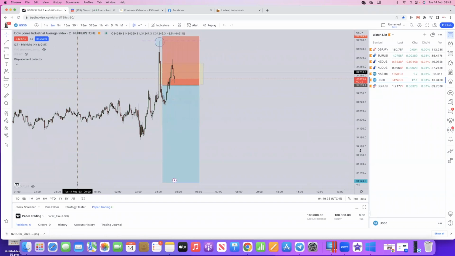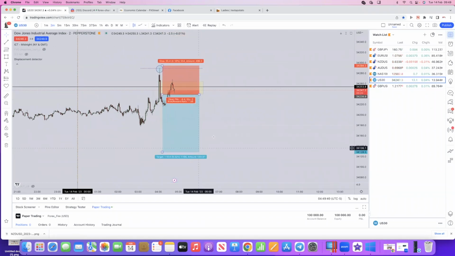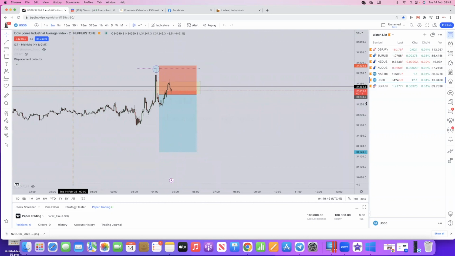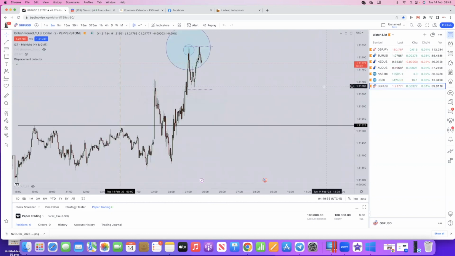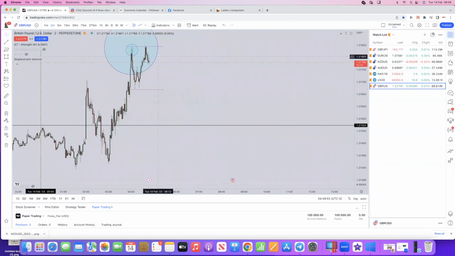The US 30 is in a little bit of drawdown at the moment. Again, if we take this low here, we could get a continuation down. But again, price is now starting to falter off a little bit. The GBP/USD, again, we've taken the high here.